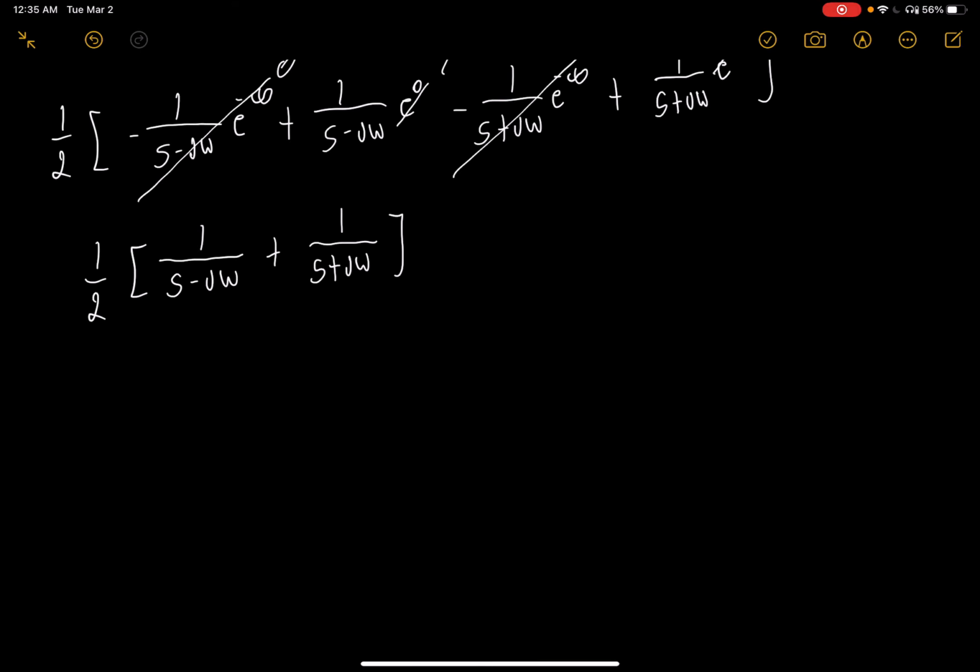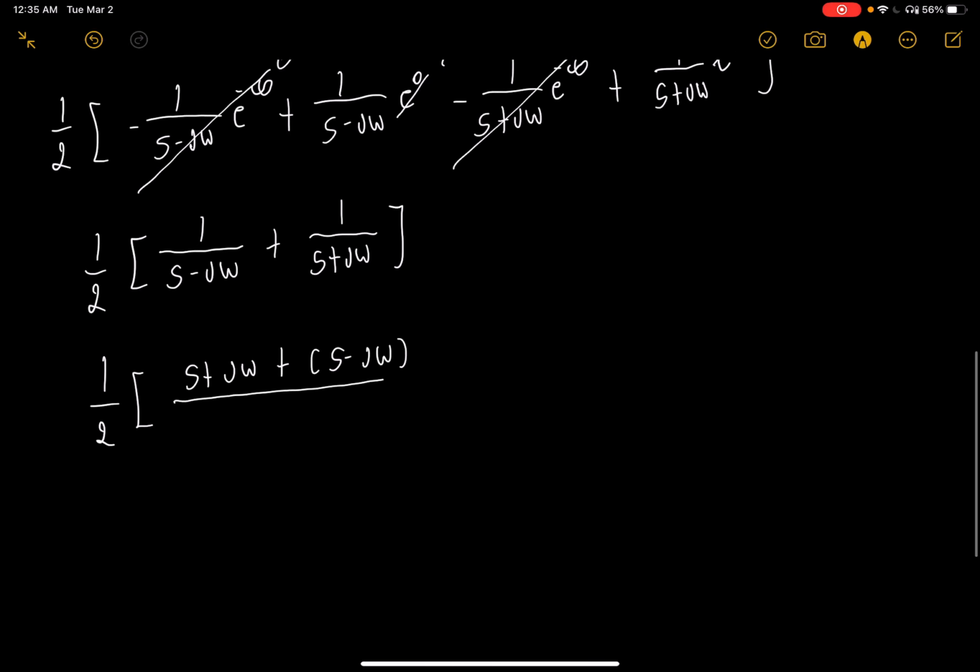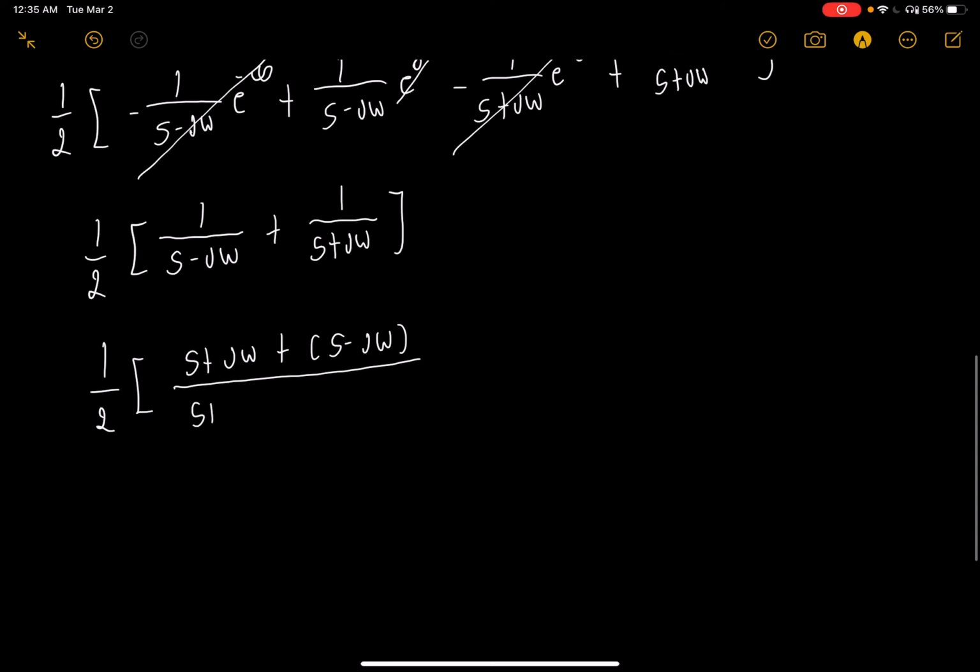We go through the process, and we have s plus j omega plus s minus j omega, over s plus j omega times s minus j omega. So that's what we have so far.